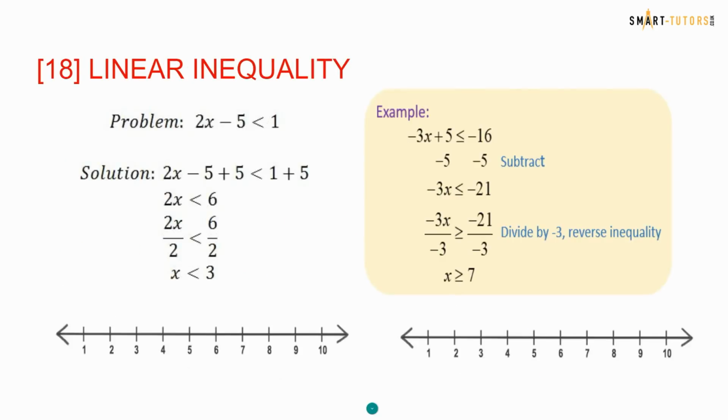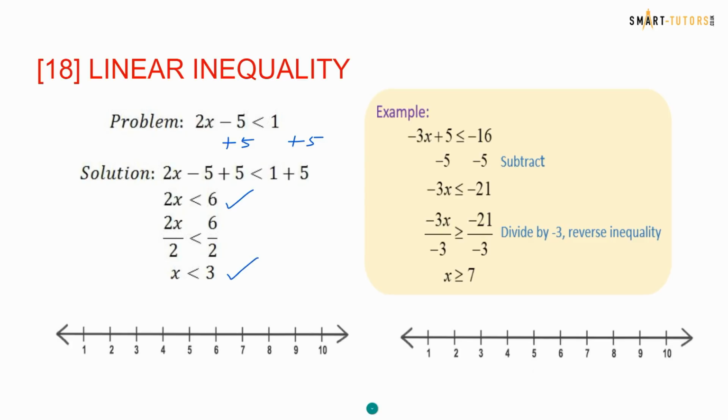Topic 18, linear inequality. So here is a problem: 2x minus 5 less than 1. You do it the same way as you do an equation. So you add 5 both sides, and you end up with 2x, 5 plus 1 is 6. Then divide by 2, and 6 divided by 2 gives x less than 3.